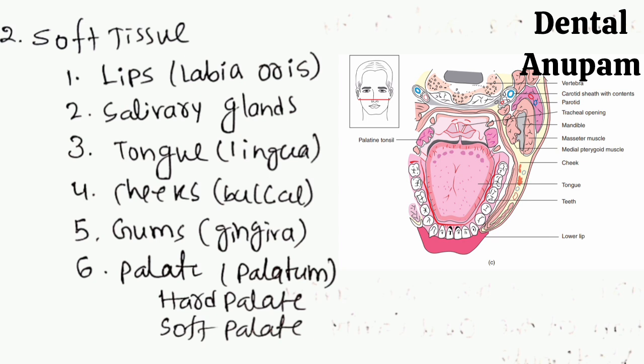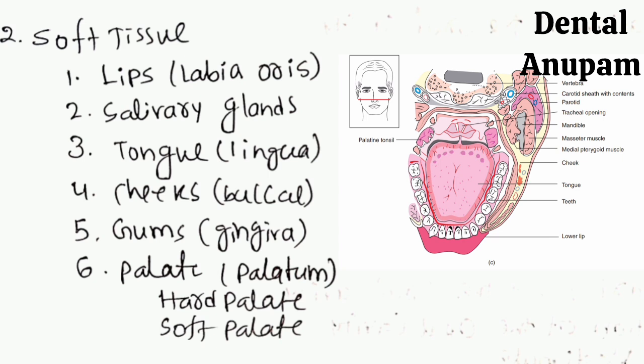They pour their secretion into it and are responsible for keeping the oral cavity moist. They are the parotid gland, submandibular gland, and sublingual salivary gland. In addition, there are numerous minor salivary glands.